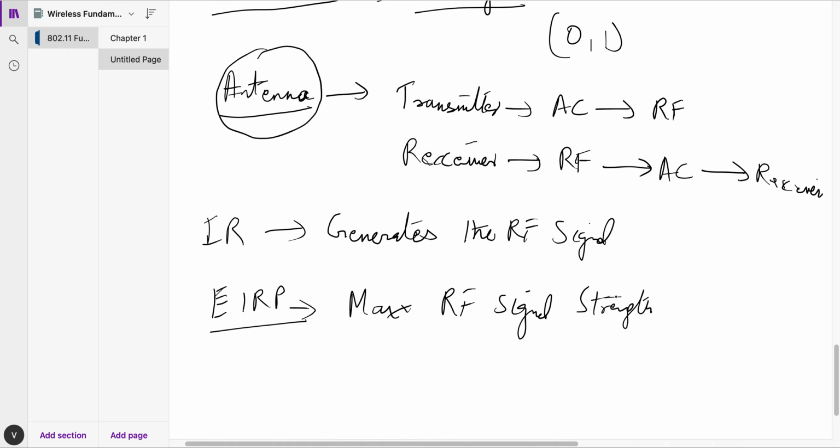There are rules around EIRP when we talked about FCC and WPC and ETSI. They define what can be the maximum EIRP coming out of the AP or an antenna, and everybody has to stay within the limit.